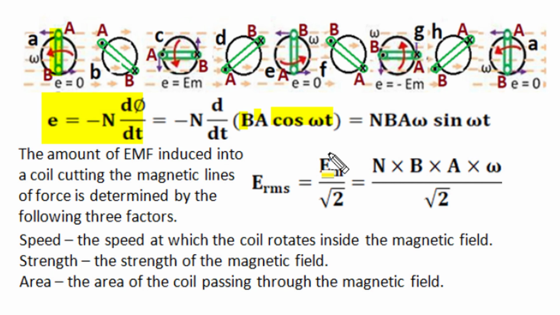When flux is written as B A cos omega t, the differentiation of cos omega t is minus omega sine omega t. This negative sign combines with the earlier negative and becomes positive, and the induced EMF gets peak value n B A omega, and it becomes a sinusoidal time function as this rectangle loop rotates in this constant magnetic field.